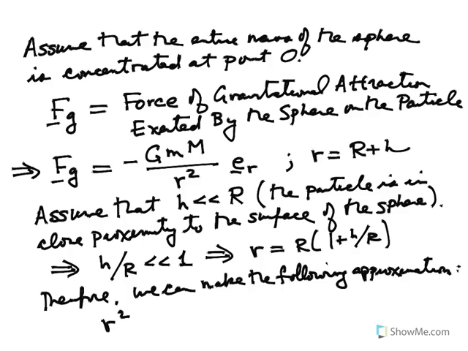That r squared, which is equal to R squared times 1 plus h over R squared, can be approximated as just R squared, because h over R is much, much less than 1.